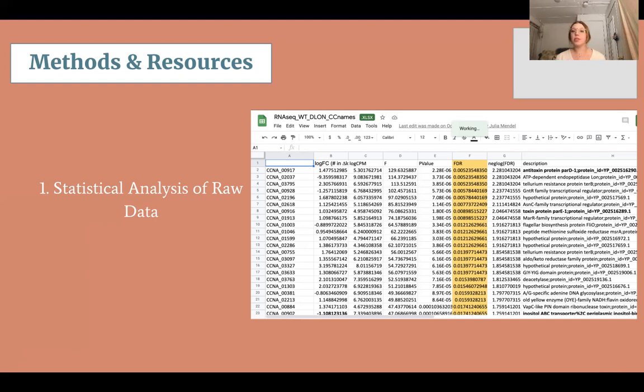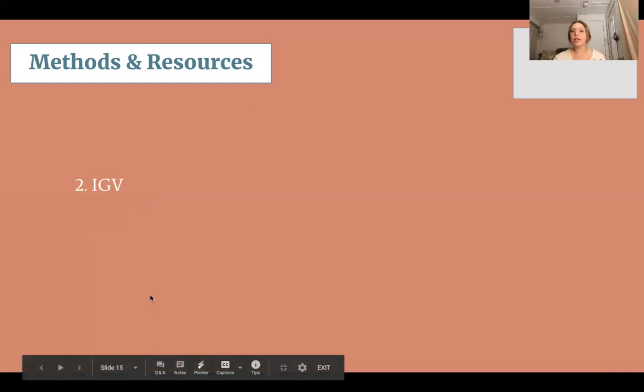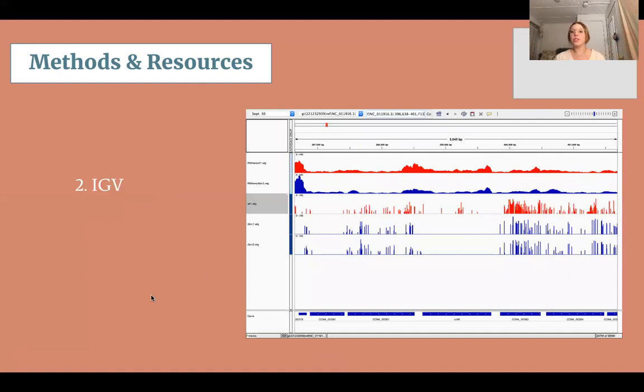Obviously, we can sometimes see it with our eye, but sometimes our eye is not the best thing to rely on. So here we have the raw data, where we're able to see if there is a statistical difference between the two or not. The second is through a viewer, which I showed earlier. We're able to see the distinct differences of the Tn sequencing data and the RNA sequencing data. And with this, you're able to see with your eye and then go back and confirm or deny with your statistical data.